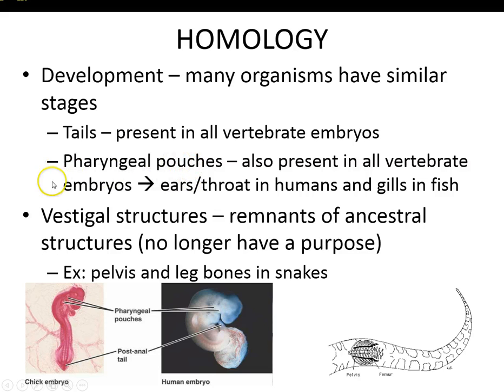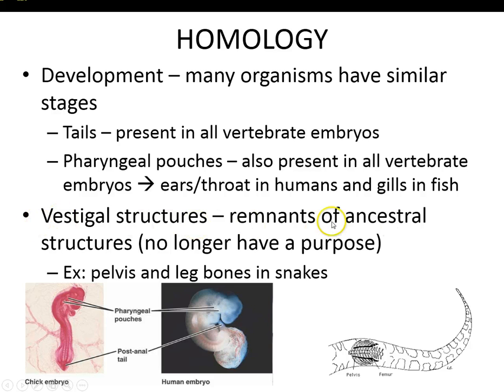We also see pharyngeal pouches present in all vertebrate embryos, but those pharyngeal pouches go on to become different things. So in humans, they develop into the ears and the throat, but in fish, they develop into gills. And so the stage looks very similar, very, very early on in development, but then as that organism grows and differentiates, it becomes different.